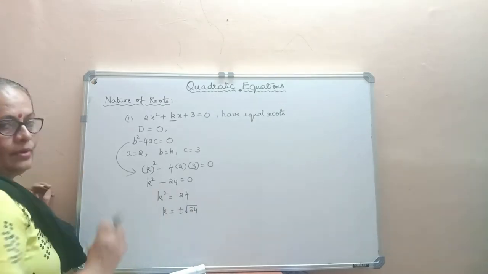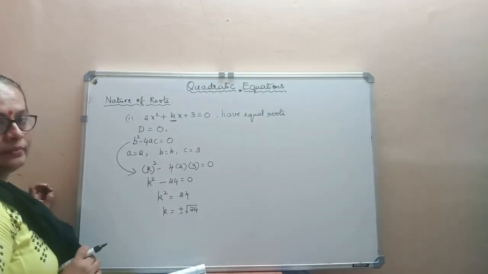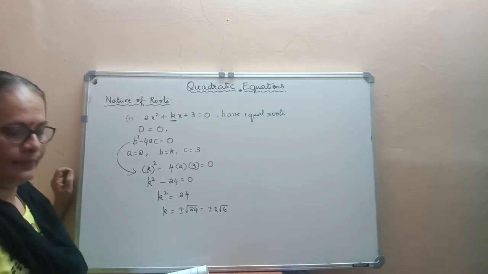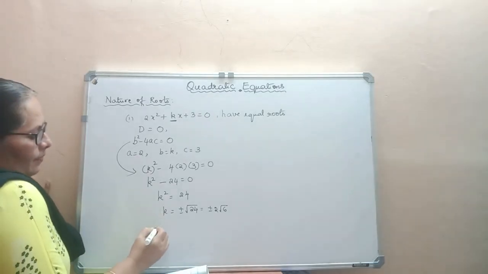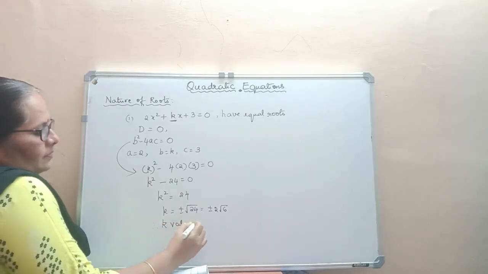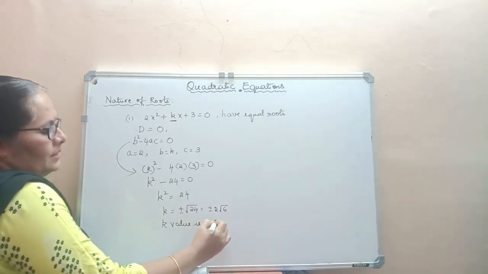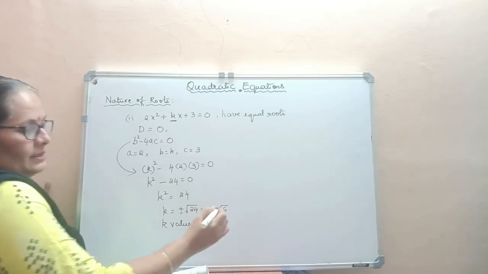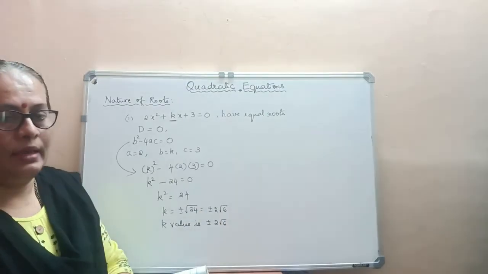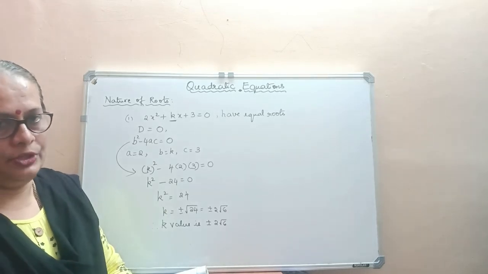So what is the root of 24? The root of 24 is plus or minus 2 root 6. So therefore the k value is plus or minus 2 root 6. Like this we can find the k value of a given quadratic equation.